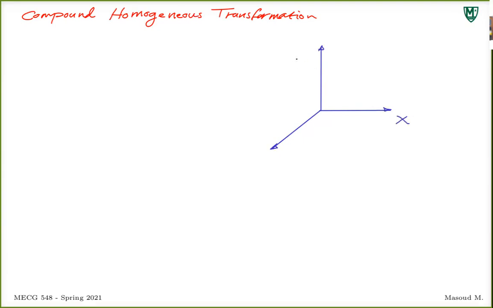Let's call this X, Y, and Z, and let's say this is frame A. Let's go for the next one, another coordinate frame like this one here. I'm going to call this X1, Y1, and Z1, and let's call this frame B.